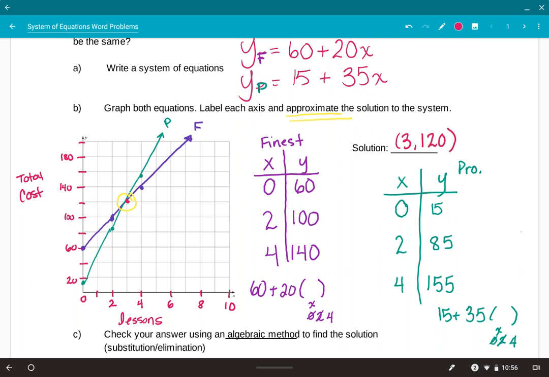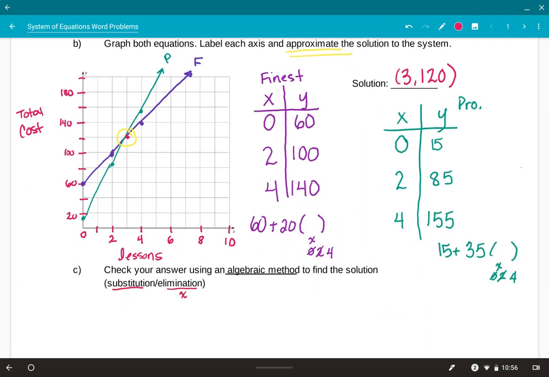Now, we're going to check our work because graphing is not the most accurate. We could get a little wiggle room. So we're going to use either substitution or elimination. Elimination, remember, is linear combination. I know Patrick likes to use that one the most, or if you're doing it in a different class, it's the same word.